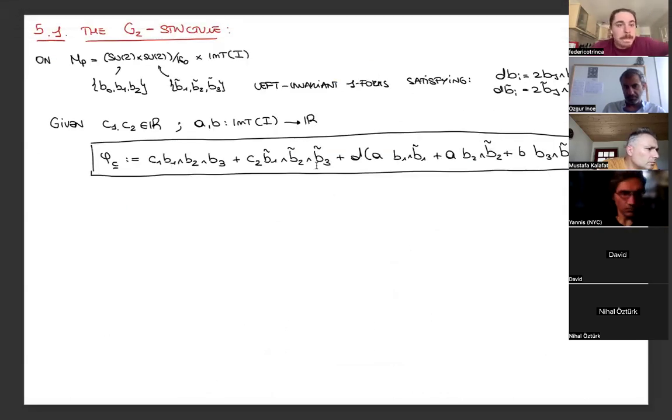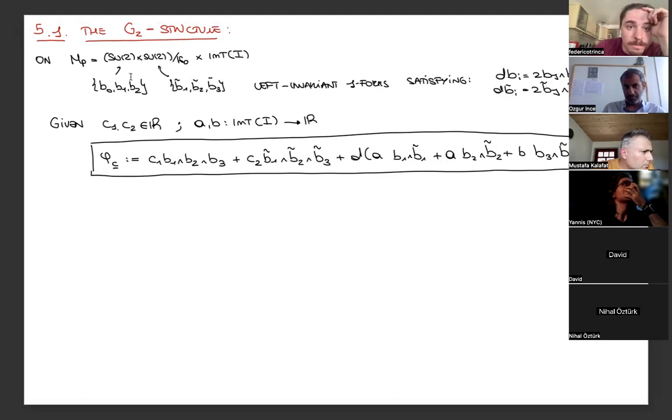Now, the G2 structure that I defined on the principal part, which I told you looks like SU2 times SU2 over some discrete subgroup times an interval.